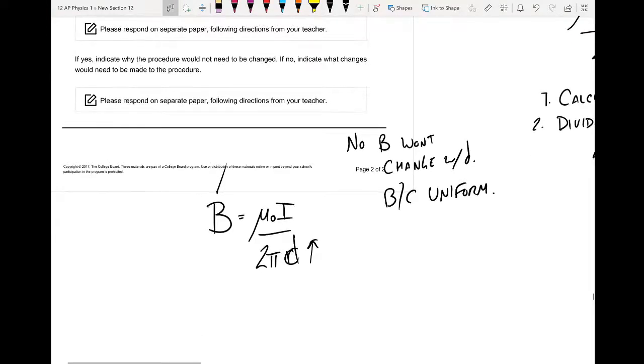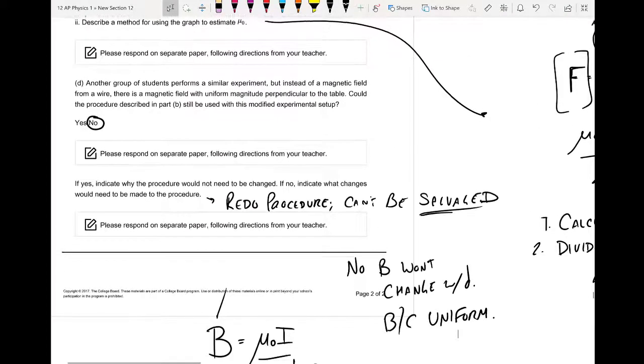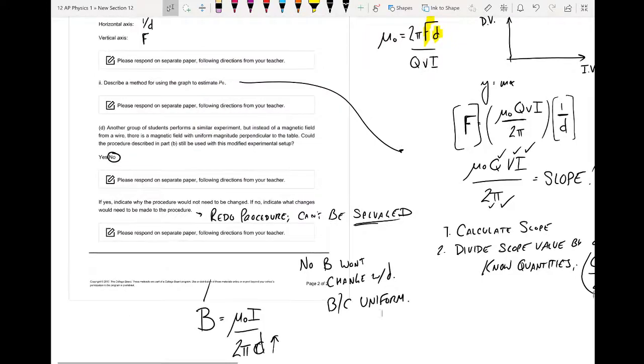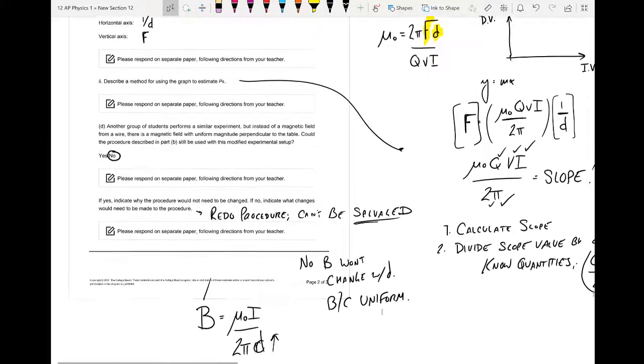It says if no, indicate what changes would need to be made to the procedure. We'd have to redo everything. This one can't be salvaged, because we lose the dependence that our whole equation was based on. If you had chosen to change V, then you could still do it.